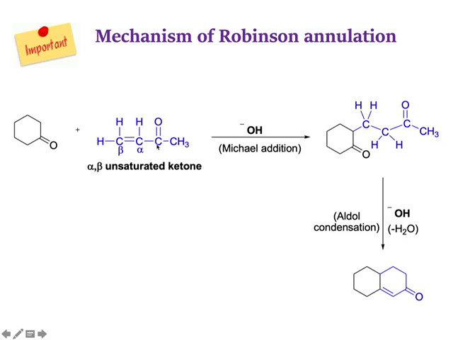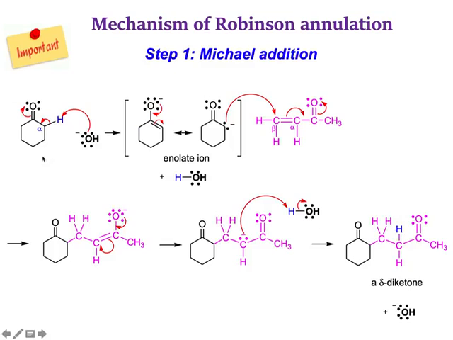So look at here, here is alpha beta. Here is only alpha hydrogen. So the first step of the mechanism, we want to form the enolate from the alpha hydrogen.